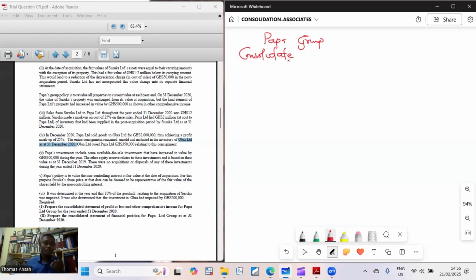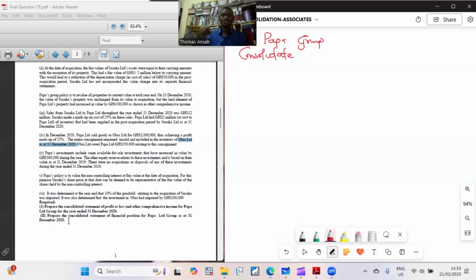All right. But somebody can make the argument that the money is coming from the same transaction of the sales that they did in between themselves, and they are owing the money in between themselves. But this is an associate.